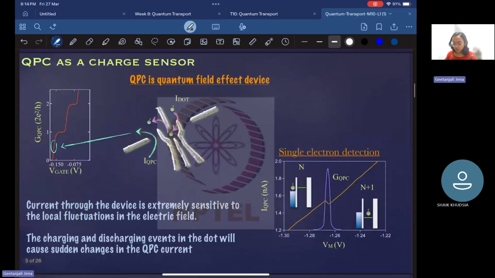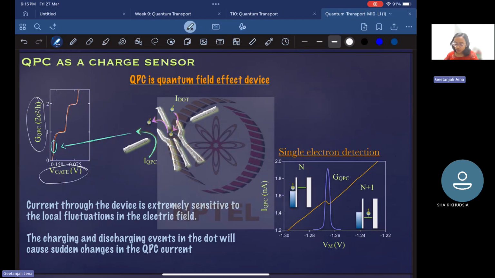Recall for the QPC based charge sensor, we have seen a variation of conductance as a function of gate voltage. When we vary the gate voltage, the conductance changes linearly, then we see a plateau region, then it again changes, then a plateau region, and it changes in this manner.